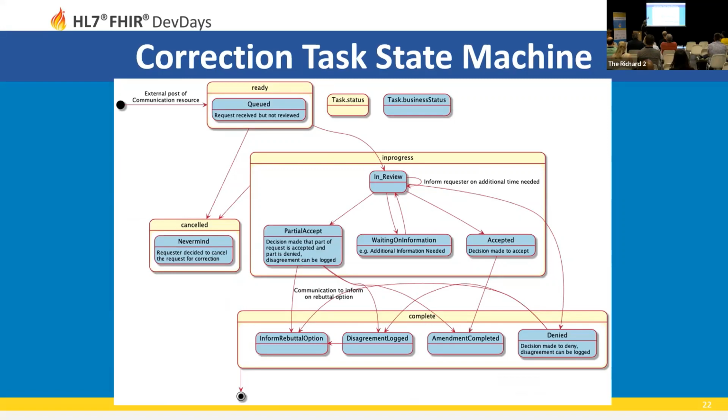We have a state machine which shows what state you start in: request is queued, and then it goes into review, and then it can be accepted, or it can be denied. And even if it's accepted, it still might not be completed, because we could decide we're going to make the change, but we haven't made the change yet, and so those are some of the states. The techies went through it, and that's one of the reasons we're going to end up with 2 state machines, because the disagreement is a different workflow.